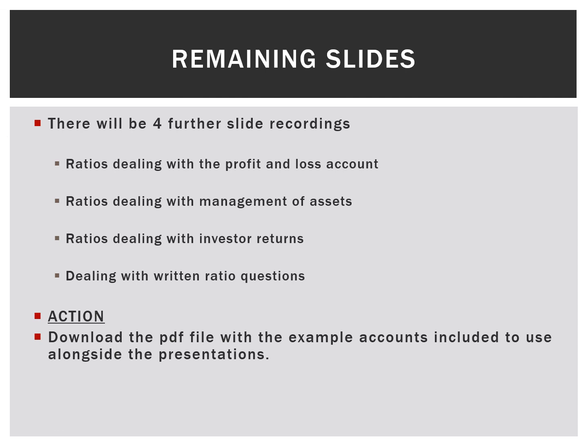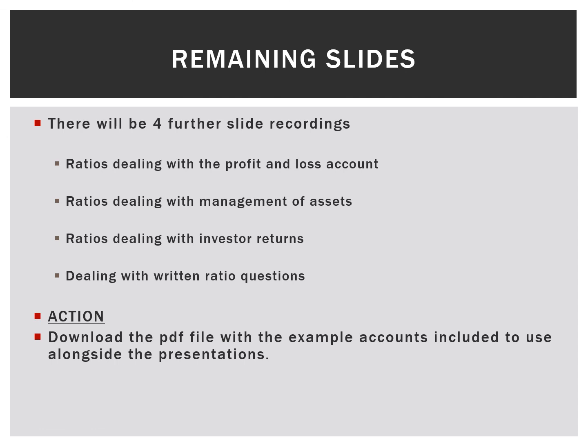What you need to do now that you've worked through this brief introduction, is to download the PDF file that I'm uploading, that contains 2 years balance sheets and profit and loss accounts and a list of ratios.